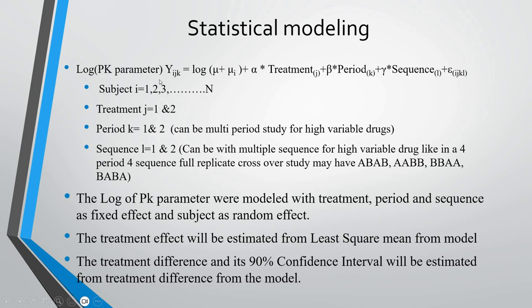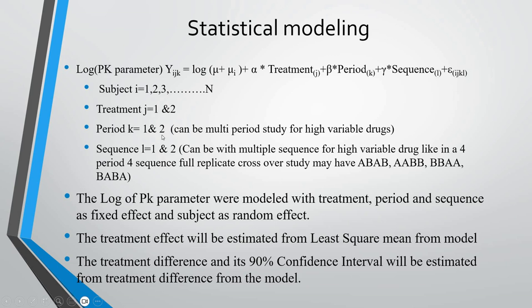Now, subject is i equal to 1, 2, 3 up to n, and every subject may have a different intercept, and that's why we take subject as a random component, as he may randomly respond differently. Every subject may randomly have a different response, so the overall intercept has been adjusted by the random component of the subject effect. Treatment in our example is only 1 and 2, j equal to 1 and 2.